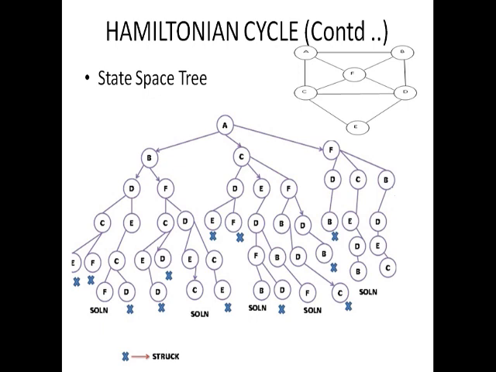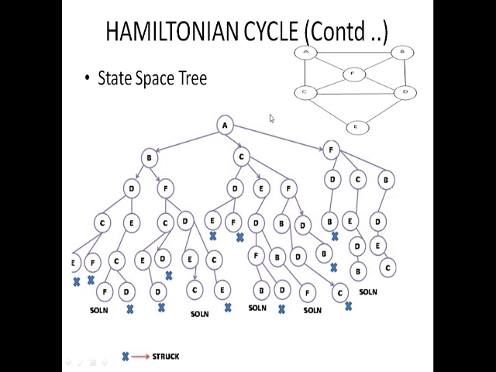So we move the path as A, C, E, D, F, B. So all the nodes are visited. No node is revisited. When we can connect B to A, the starting node will be the ending node.